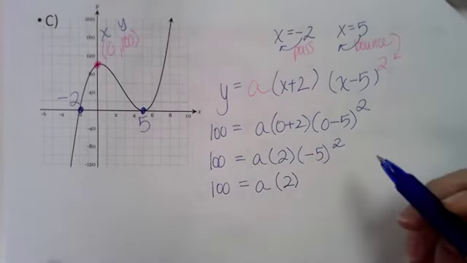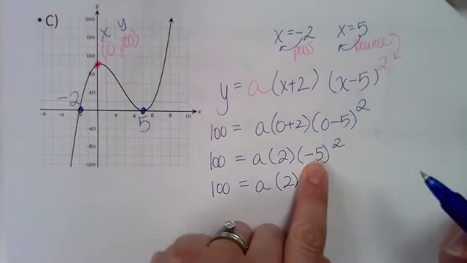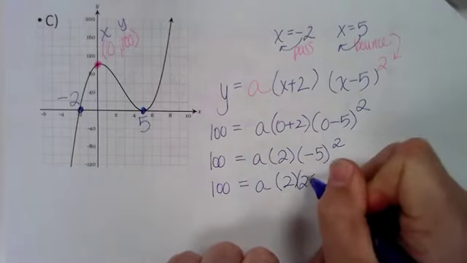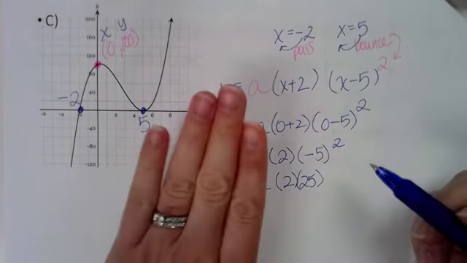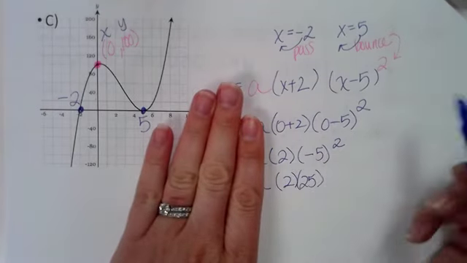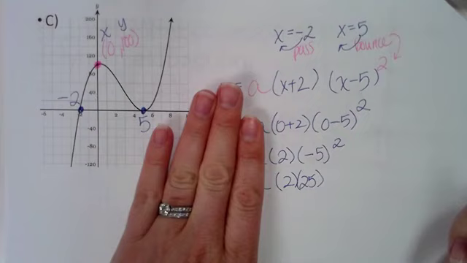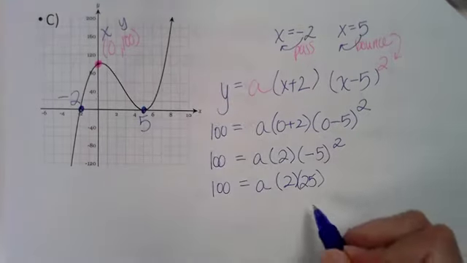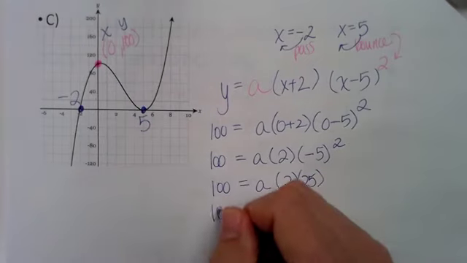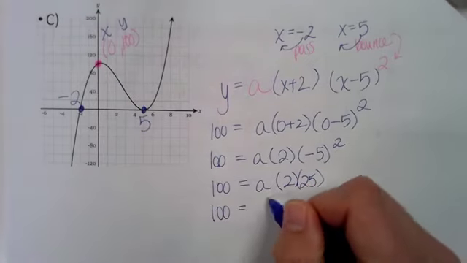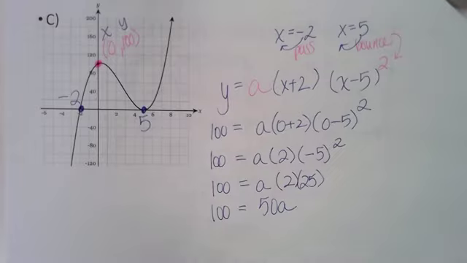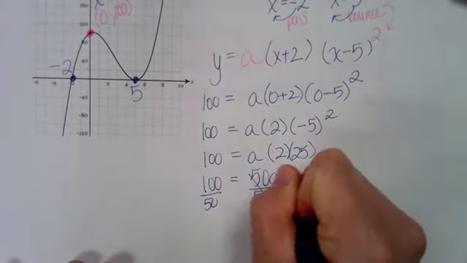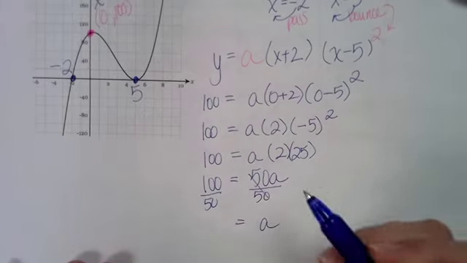So I have 2, and then what is -5 quantity squared? 25. -5 times -5 is 25. Again, can you put this in your calculator? Sure, you can. I'm going through the math because we make sure we know how to do that. We can multiply 2 times 25 together and get 50 times A. How do we get A by itself? Divide by 50. So we have A equals 2.